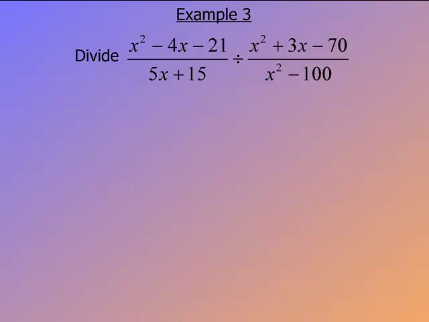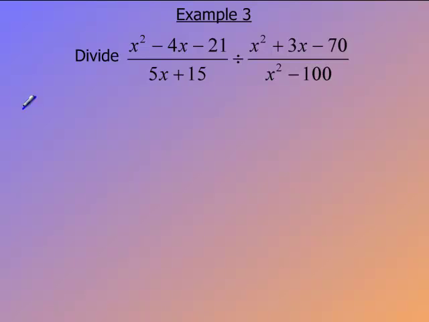Oh, and you do have to know how to factor. But at this stage of the game, I have all the confidence in the world that you can do it without a problem. So let's do this. We're going to divide these two. Now you can either flip it first, then factor, or factor, then flip. I'm going to go ahead and flip it first.